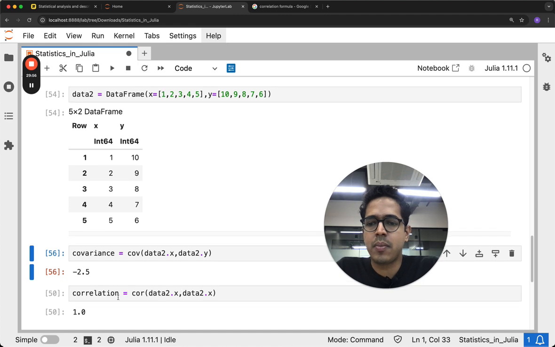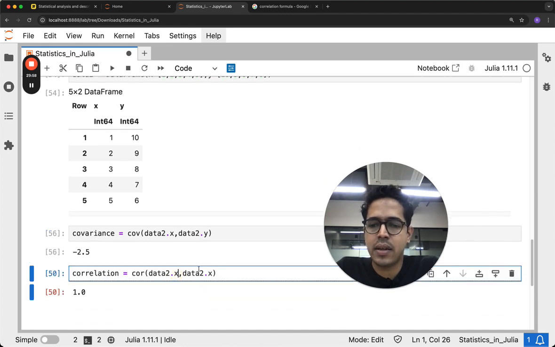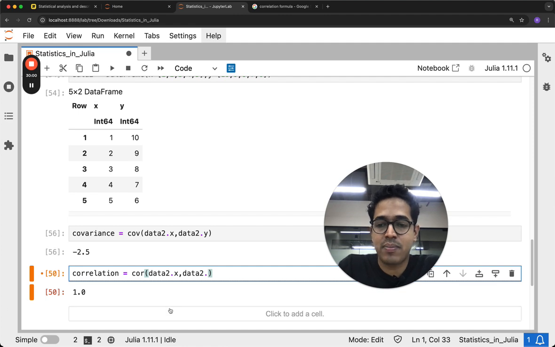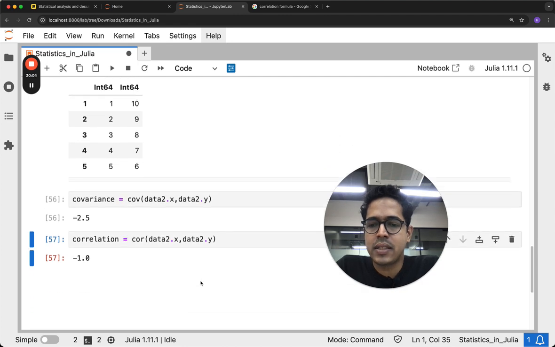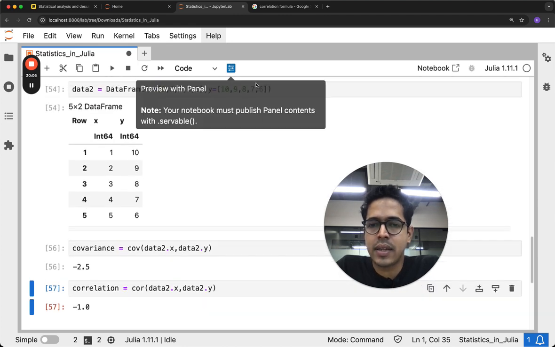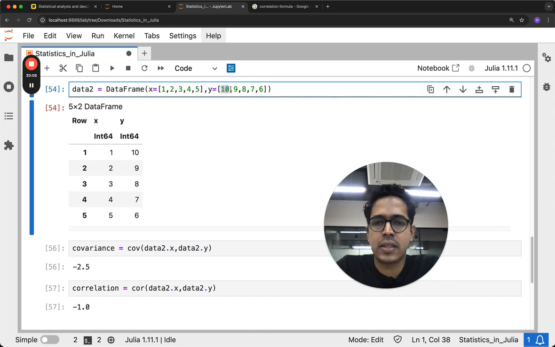Covariance will become minus 2.5, and correlation is minus 1 here. And if this was in the other order, 6, 7, 8, 9, 10, correlation will be 1.